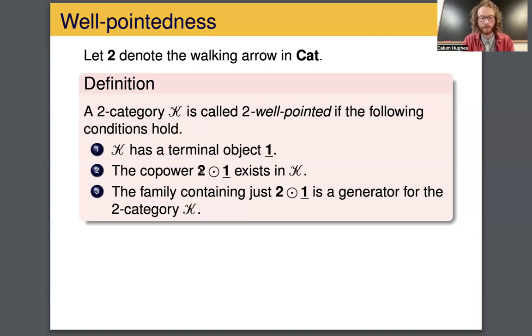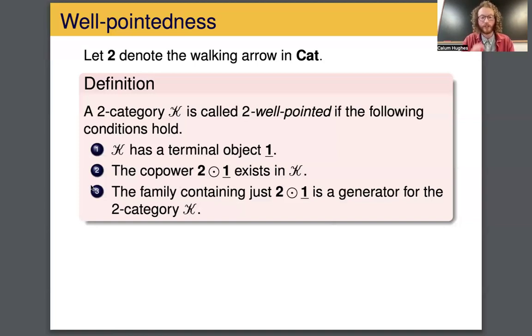So maybe I should explain this a little bit. A two-category is Cat-enriched, so it makes sense to ask if the co-power with a category exists. Here we are certainly talking about the category 2 and the terminal object in K. The co-power is a condition that looks a little bit like tensor-hom, an enriched version of this.